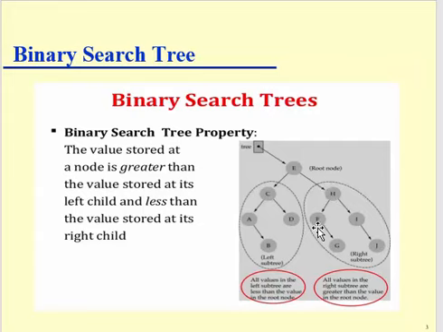Now consider another node, like you take C. Now all the nodes on the left side, like A and B in the left subtree of C, are lesser than C, and the right one, that is D, is greater than C. So this is a binary search tree. That means the value stored at a node is greater than the value stored at its left child and less than the value stored at its right child. It would be less than or equal to.